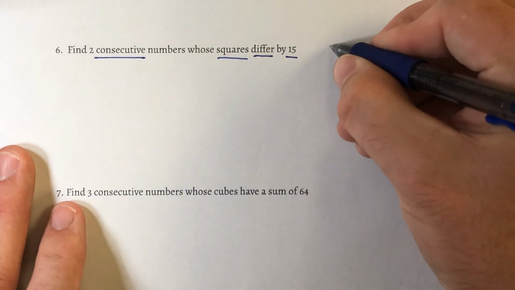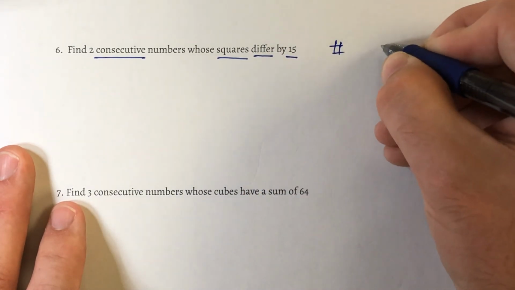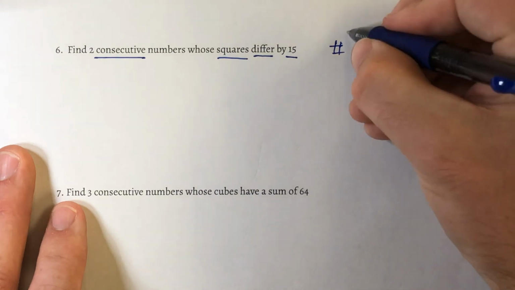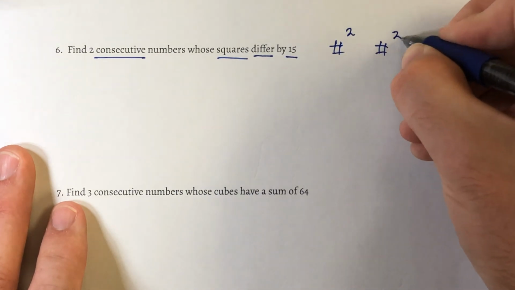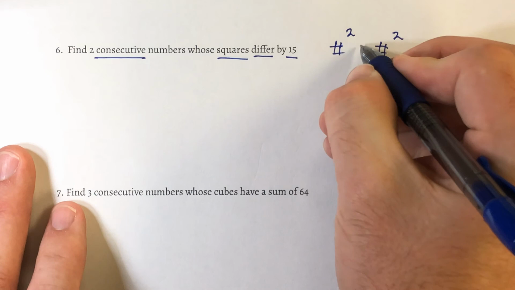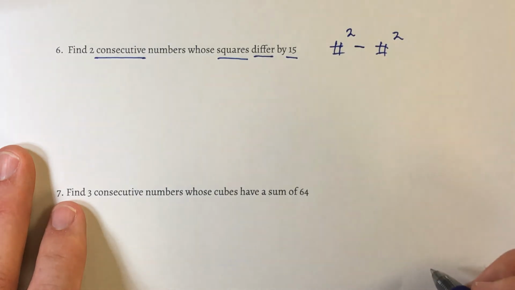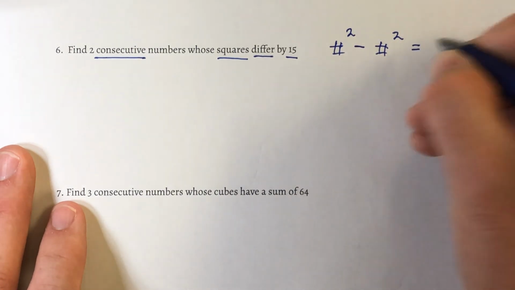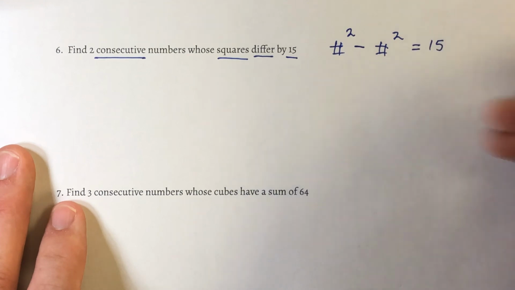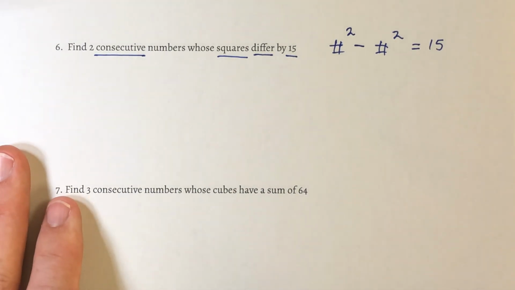So what does that mean? I want 2 numbers whose squares will differ. Differ means difference or subtract. And that difference needs to be 15. There's a simple 2 or 3 step process to do this.